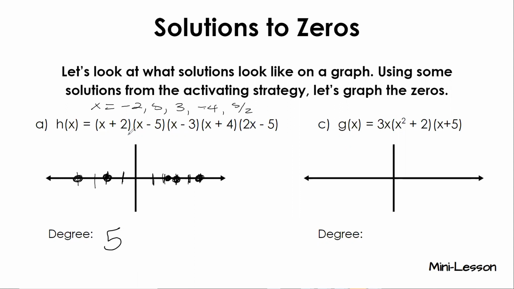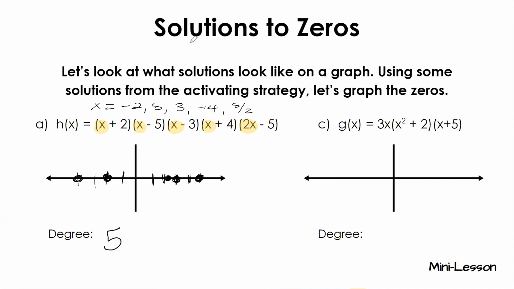We know that this is going to be a positive function. The reason why is because if you multiplied all of these x's together, it would be a positive x to the 5th, right? Okay, so it would be facing upwards.